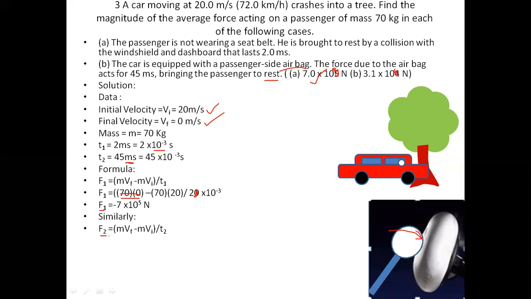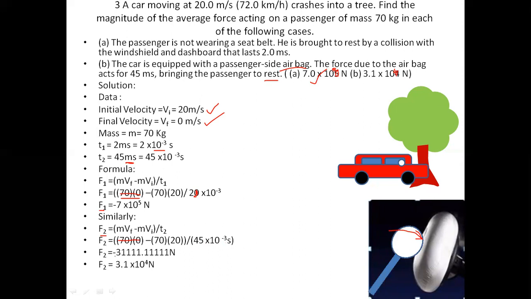So F2 is equal to M into VF minus M into VI, divided by T2. Now putting in the values, what do we get? F2 is equal to 72 into (0 minus 72)... so this whole thing becomes 0 minus 72 divided by 45 into 10 power minus 3.